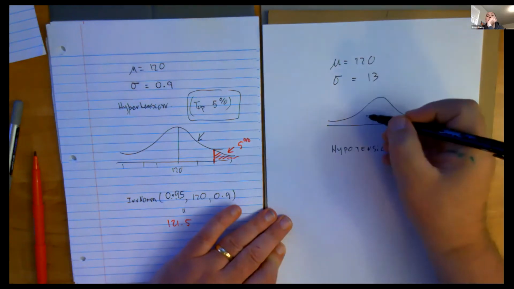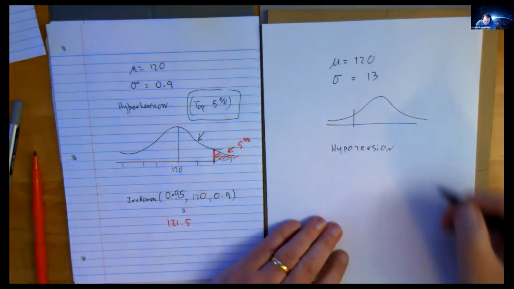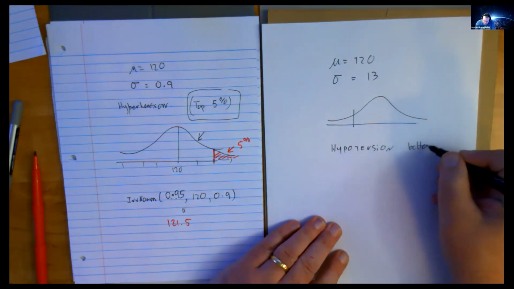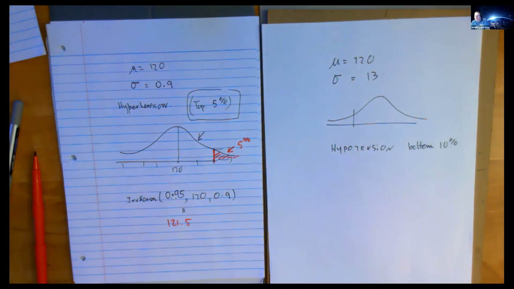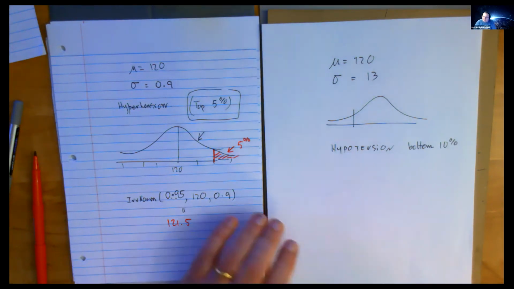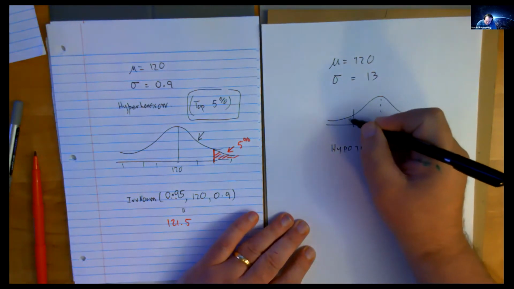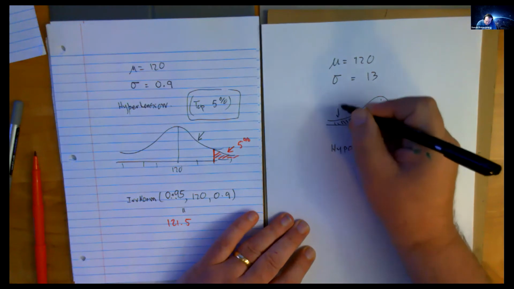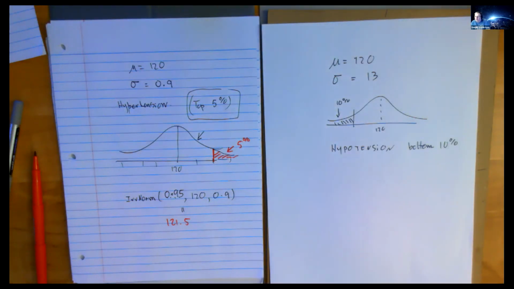Yeah, looks good. Right. Now, let's just say that you're in hypotension if you're in the bottom 10%. Let's say that was just an arbitrary cutoff point that doctors have agreed on. Whatever it is, they have a number, right? Now, right in the middle, you can see that it's 120. In this case, isn't it a little bit easier because isn't the number going to be 10%?